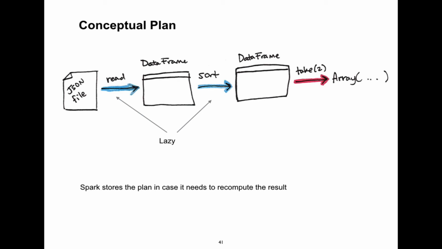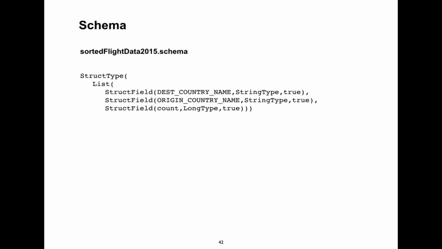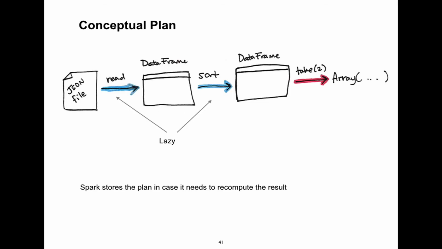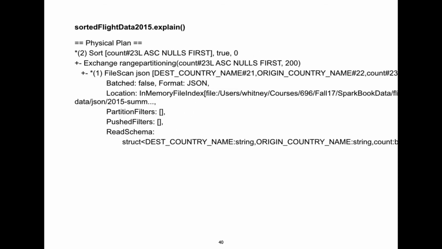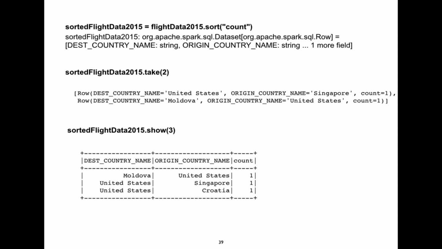Right, and that plan is stored with a data frame, because if you want to do it again, it knows how to read, right? You can ask for the schema to figure out what data type it thinks it's using.